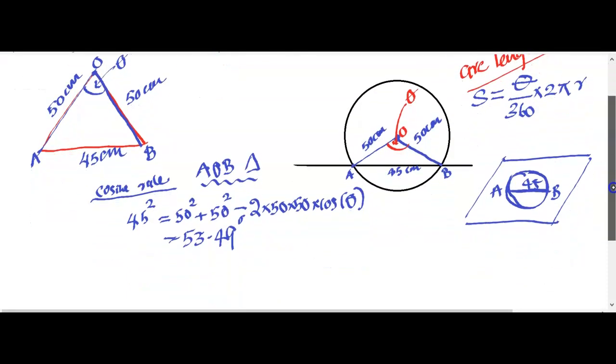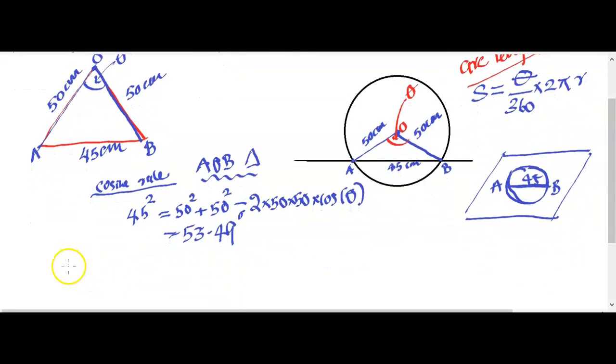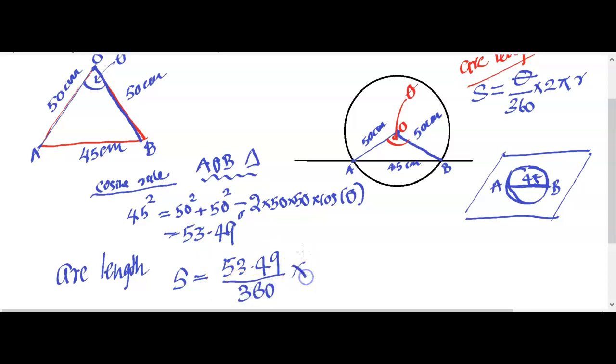Now, in order to find the arc length, S is equal to theta, 53.49, over 360 times 2 pi, and r is 50 because that's the radius of this globe.